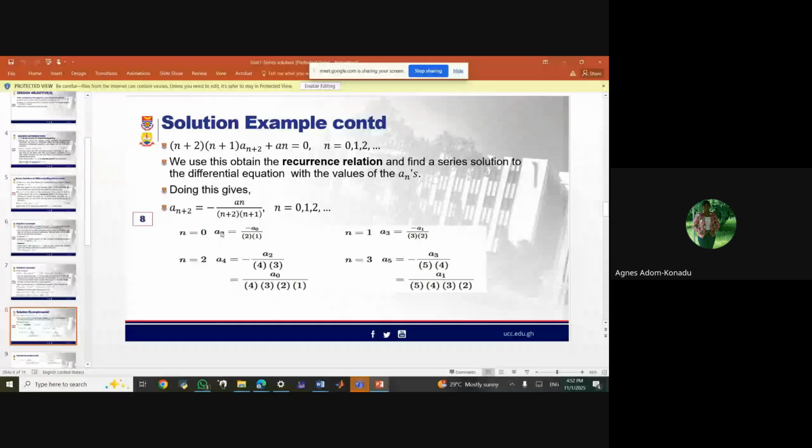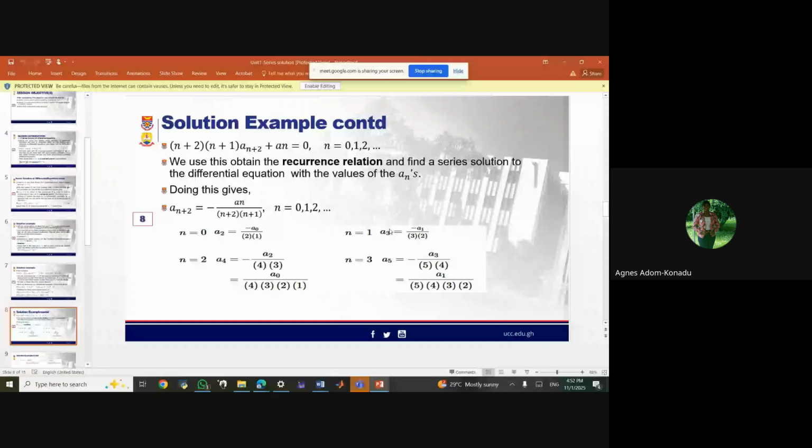So I have n equal to 0, n equal to 2, n equal to 1, n equal to 3. We can see that when n equal to 0, I have a2, when n equal to 2, I have a4. When n equal to 1, I have a3. When n equals 3, I have a5.